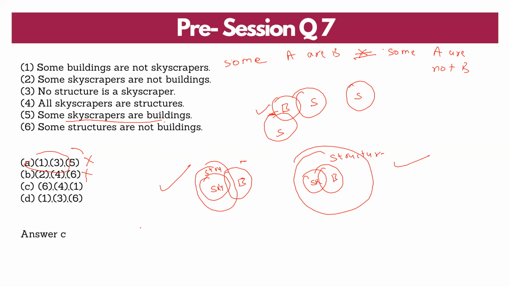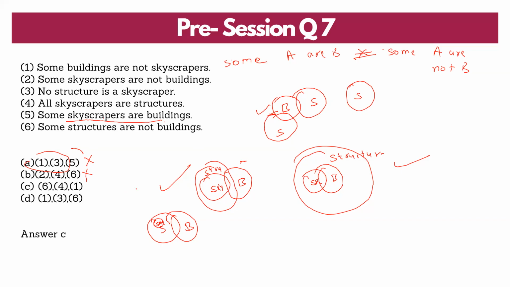Let us look at 6, 4, 1. 6: some structures are not buildings. 4: all skyscrapers are structures, so skyscrapers will lie inside structure. 1: some buildings are not skyscrapers.